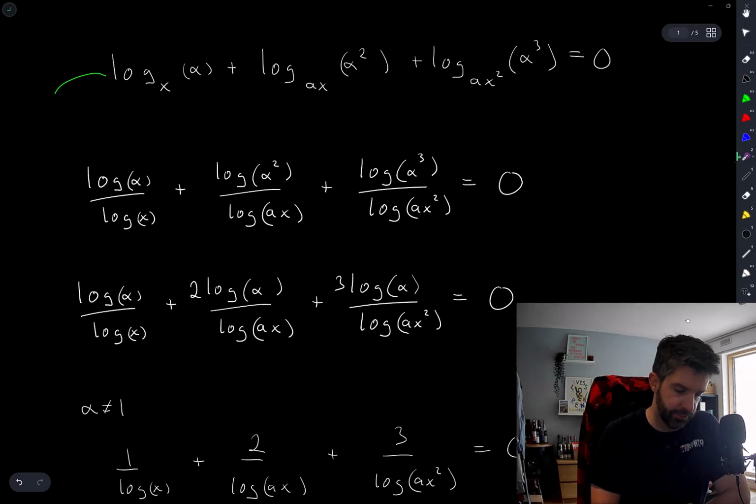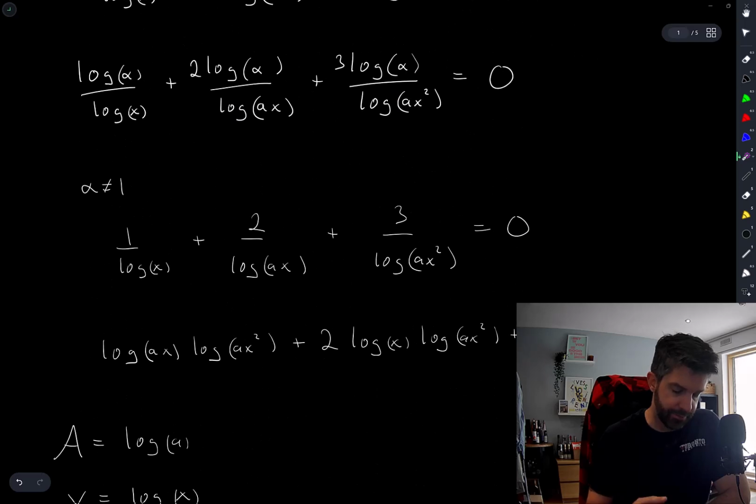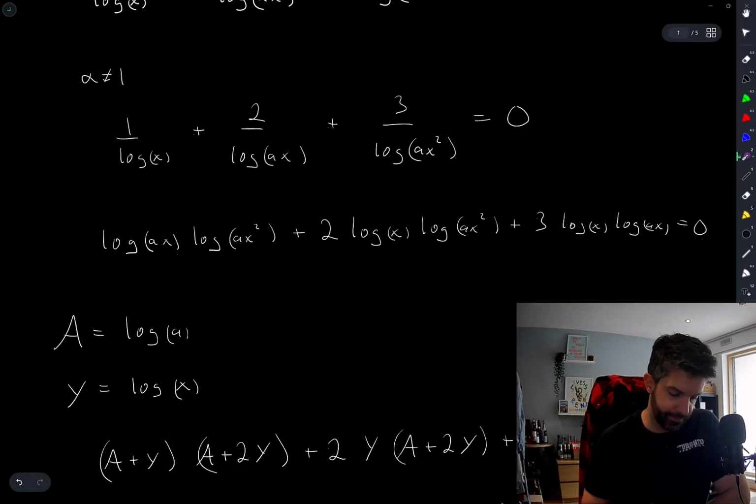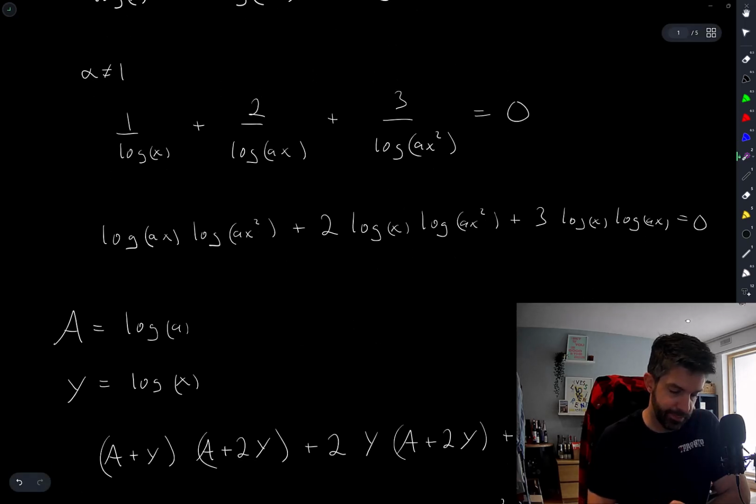This is just laws of logarithms. Another one, law of logarithm. Log alpha cancels everywhere, assuming that alpha is not equal to 1. And then just multiply through by the product of all three of these.